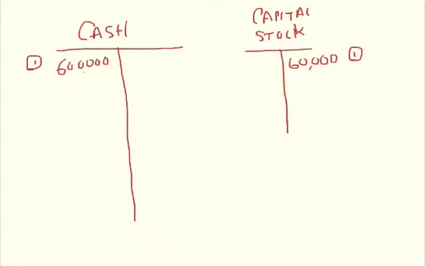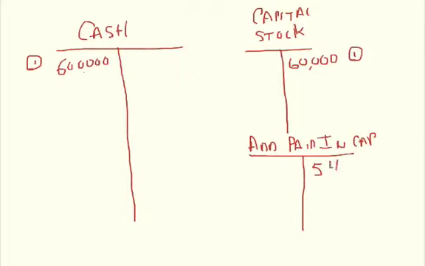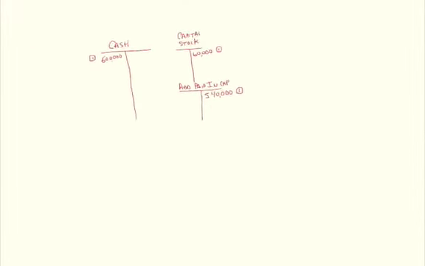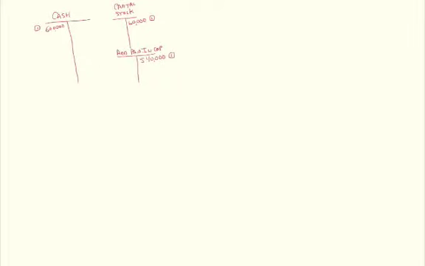And a credit to additional paid-in capital, and that's going to be for $540,000, and that's in number one. And let's go ahead and take that and put it over there.